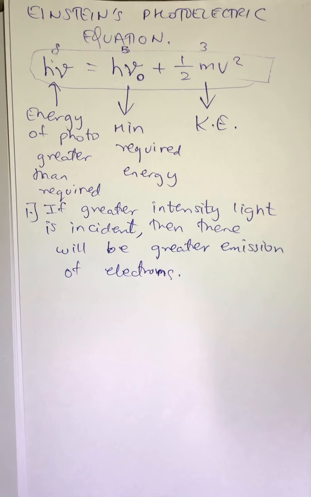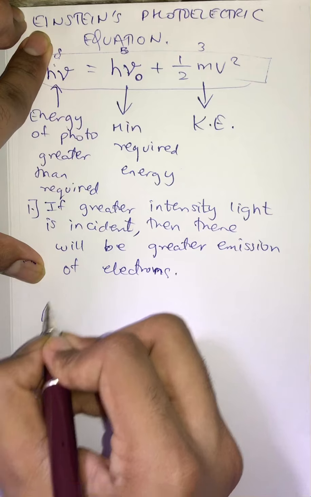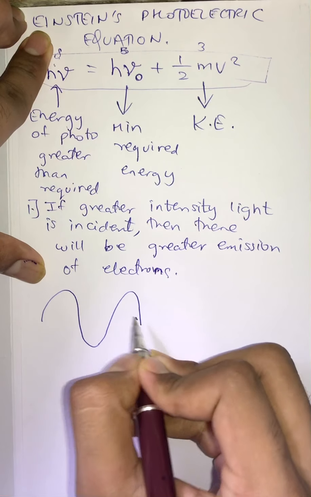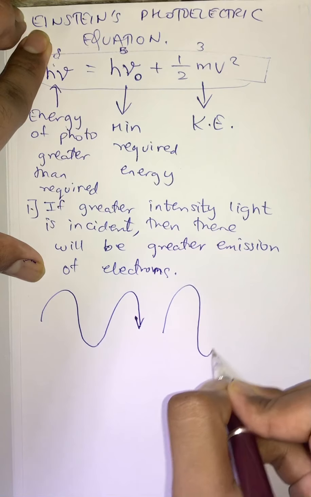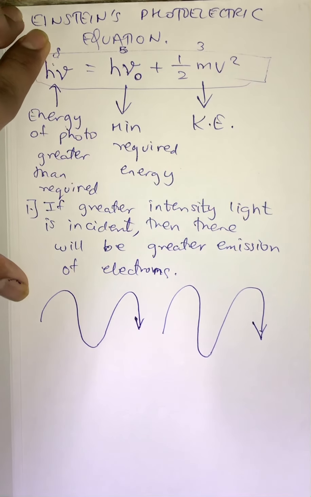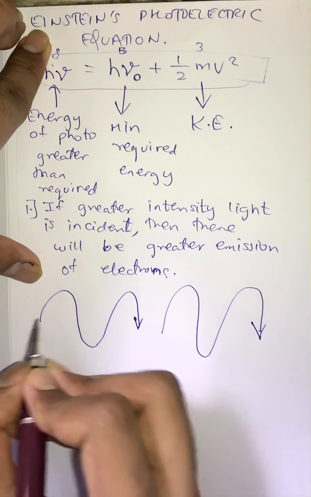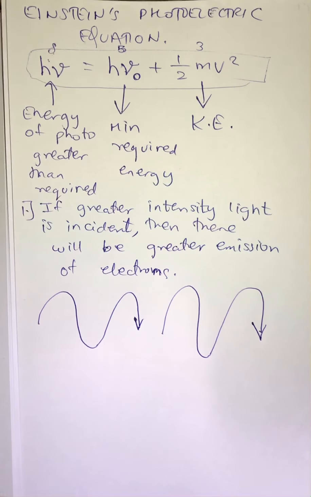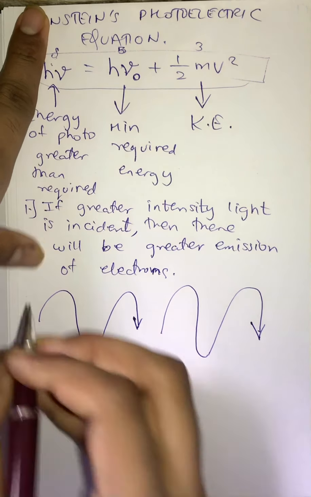First of all, for understanding this point, it is necessary for us to know what intensity is. Am I right? Okay, suppose this is a wave, and here again I am taking another wave. We all know this electromagnetic wave is formed of photons.